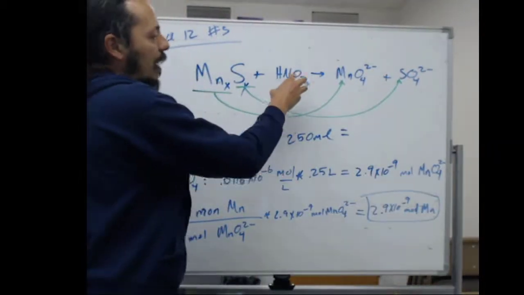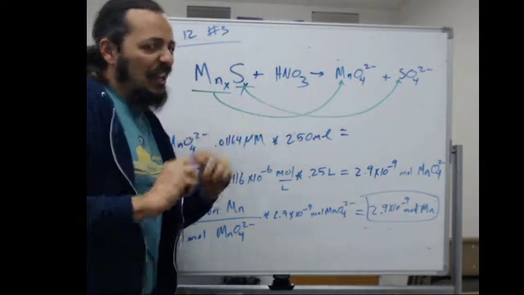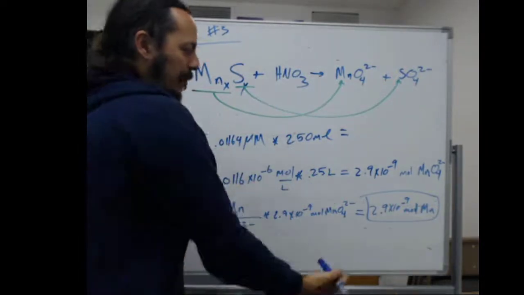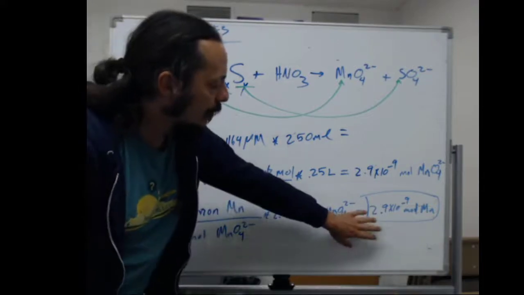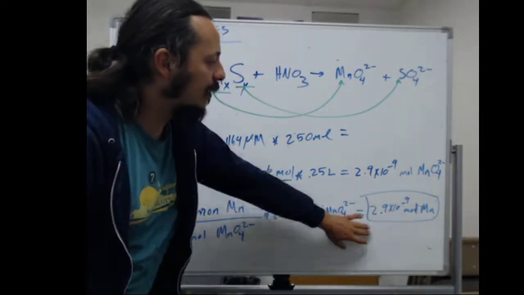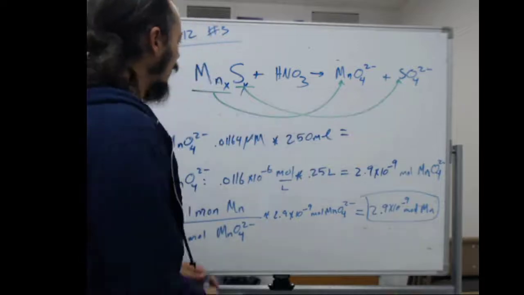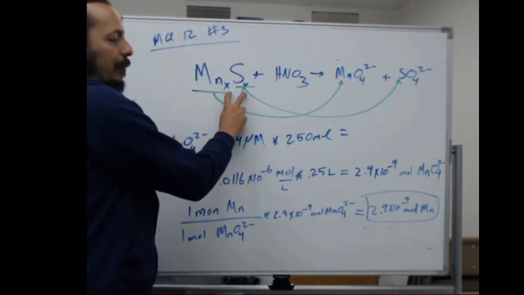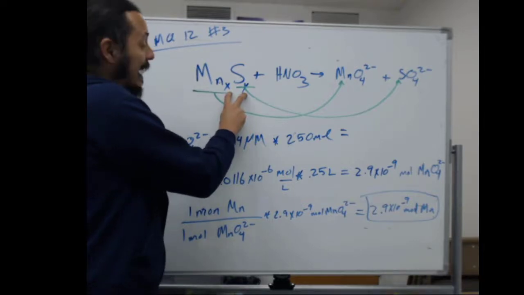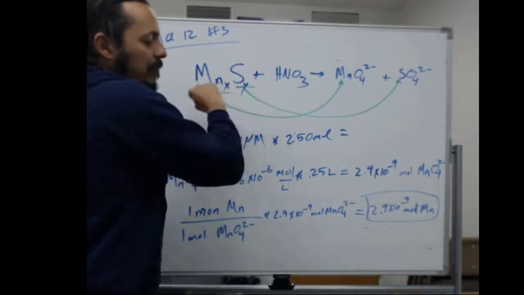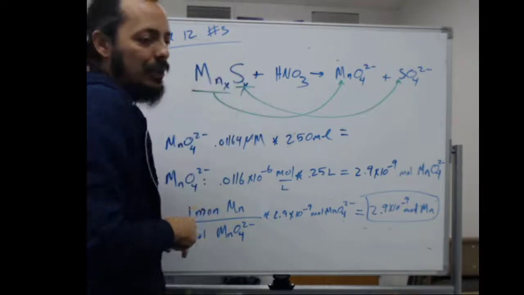So this is, instead of burning with oxygen, we're digesting with acid, but the same kind of thought process is still there, right? So this is going to be our moles of manganese. We're going to do the same thing with our moles of sulfur, and then we're going to have that XY ratio of manganese to sulfur. And then we can divide by the smaller number and get the correct ratio.